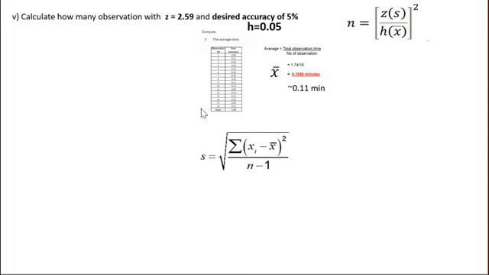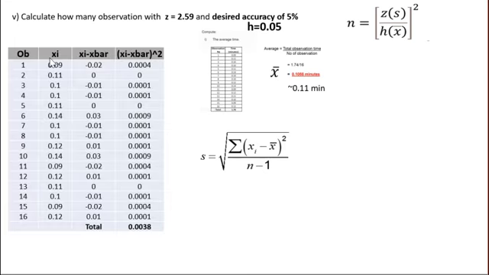Okay, so we take the information from this table to get the standard deviation. S is not given, so we are going to use this formula to find S. From this data, we have all the 16 observations, and the formula here is X minus X bar. So X for observation 1 is 0.09. We minus the X bar 0.11, so we get negative 0.02.